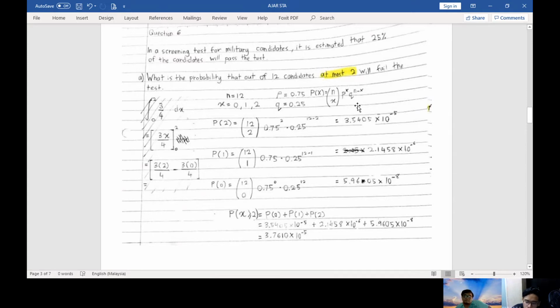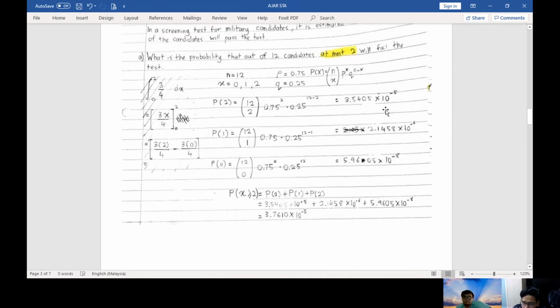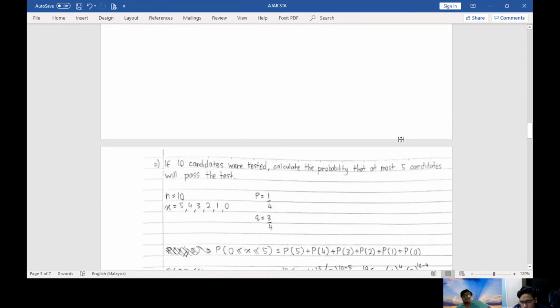You repeat the formula for 1 and 0. So after that, you sum all of the answers, and you will get the probability for at most 2 candidates will fail the test.